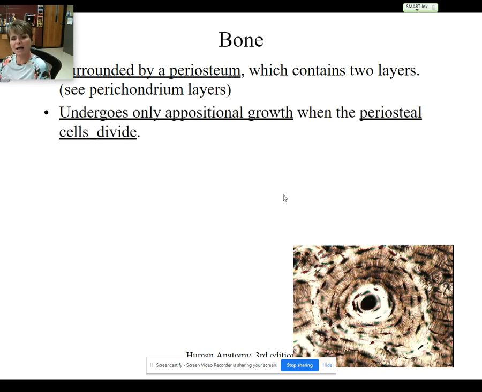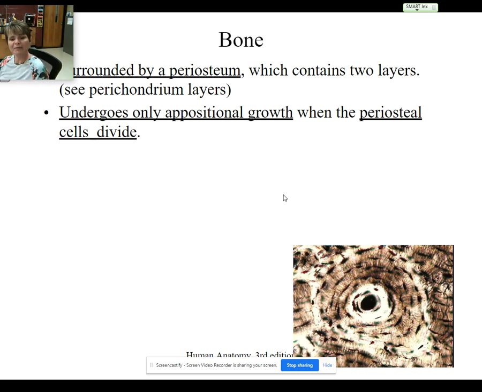Remember, osteoblasts produce bone, they secrete bone, so they will lay down bone on top of what's already there, causing the bone to get thicker and wider.